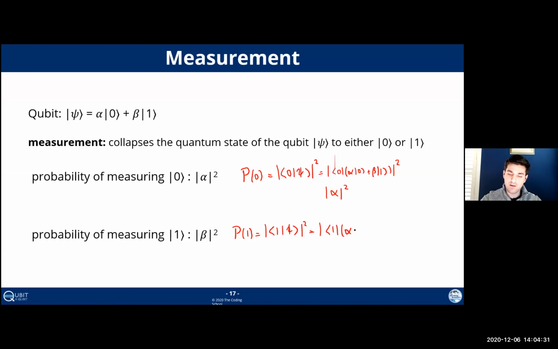And then I'm looking at the overlap with psi again, which is alpha 0 plus beta 1, and of course it's amplitude squared. If you remember, the overlap of 1 with 0 is 0, so I don't have to worry about the alpha term here, and the overlap of 1 with 1 is 1. So I end up with the absolute value of beta squared.